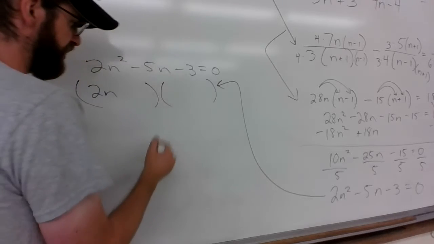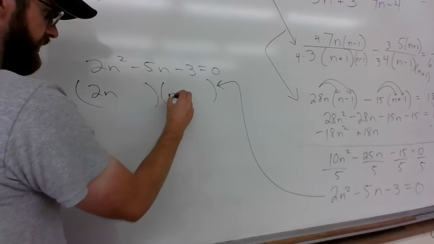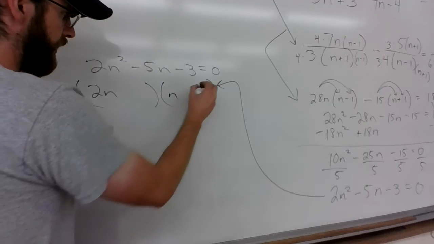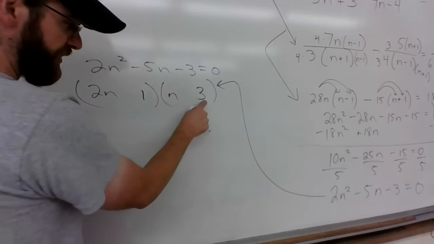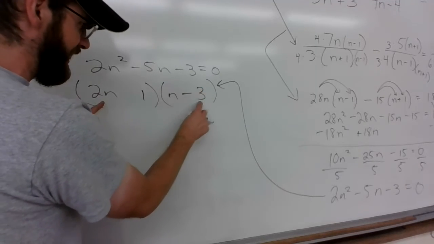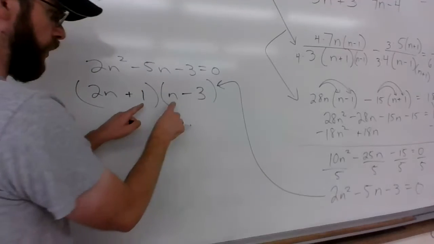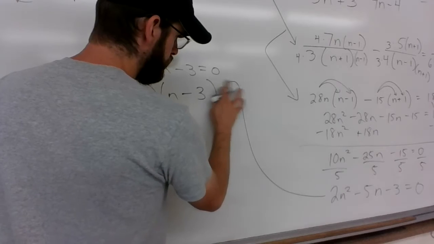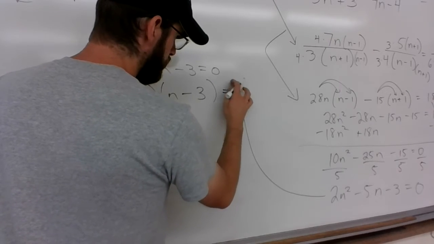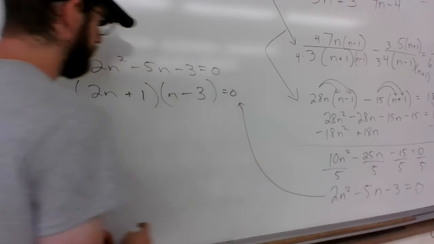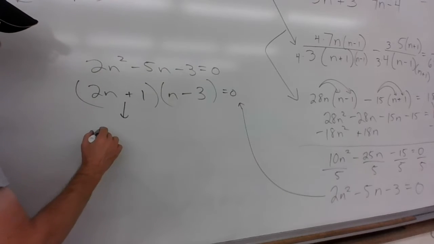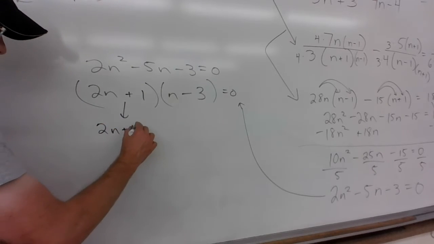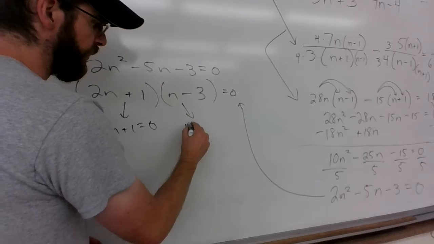If you're thinking guess and check, 2n times n gives 2n squared. 3 times 1, I know this is 3 because that gives me my negative 6 plus 1n. And it equals 0. And there we go.